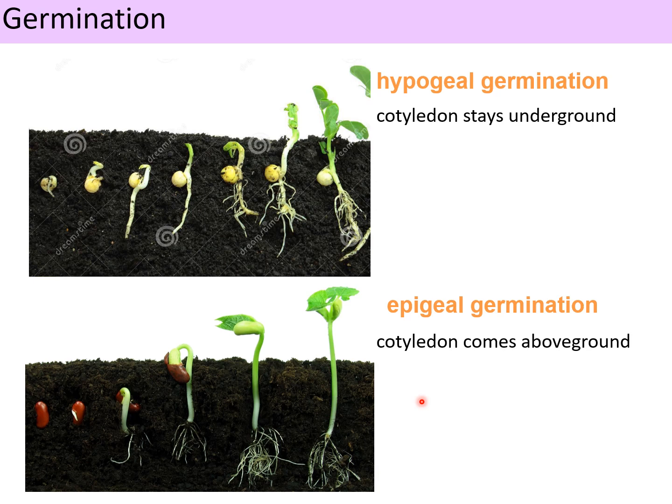If the cotyledon stays underground, we call it hypogeal germination. But if the cotyledon comes above ground, we call it epigeal germination. Here, this is the cotyledon above ground, which is epigeal germination, and this is hypogeal germination, where the cotyledons stay underground. So this is how they differ.